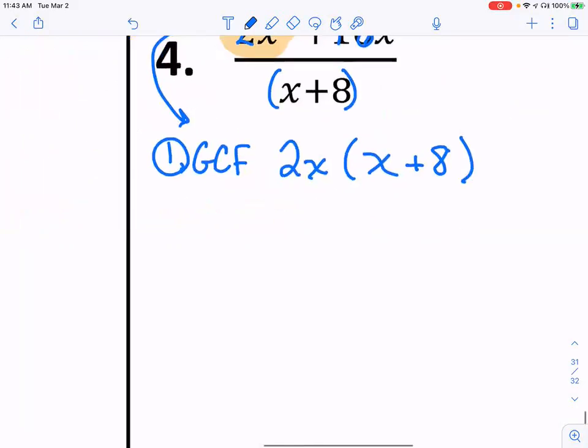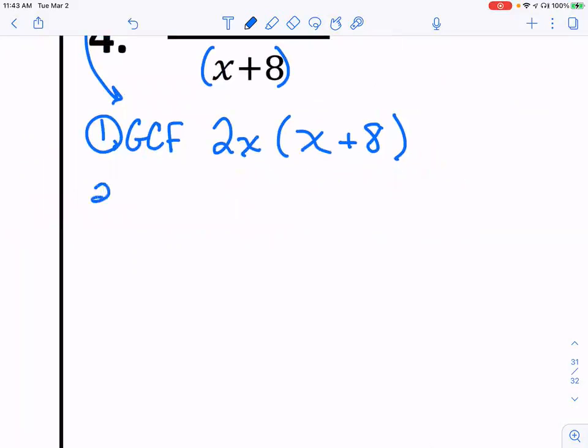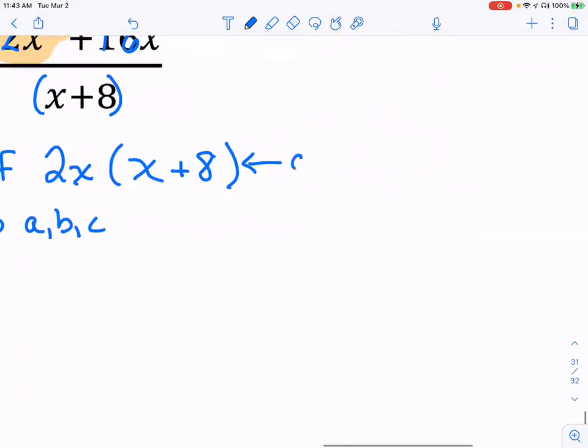What I want you to understand right now is that there is no A, B, and C anymore. The answer would just be 2x. That is correct. So this cannot be a box. Sometimes we get so stuck in a pattern, we forget when you can and can't have a box.